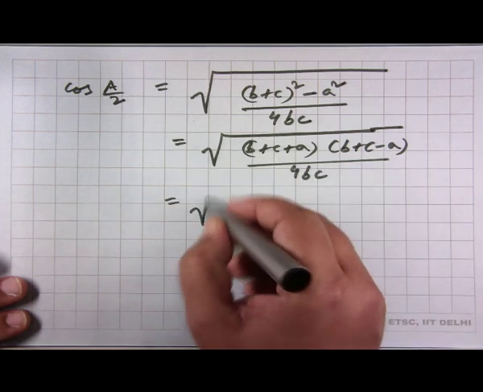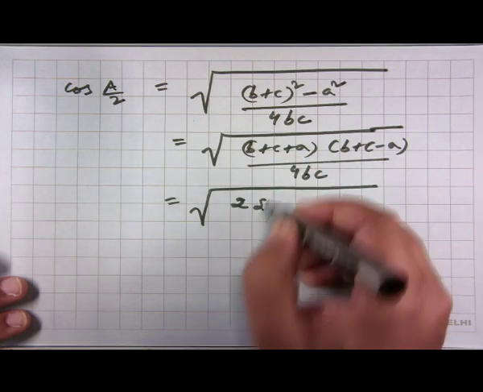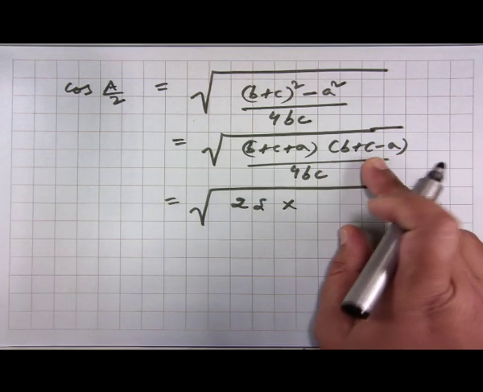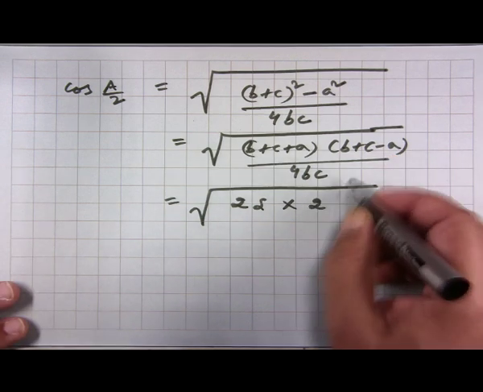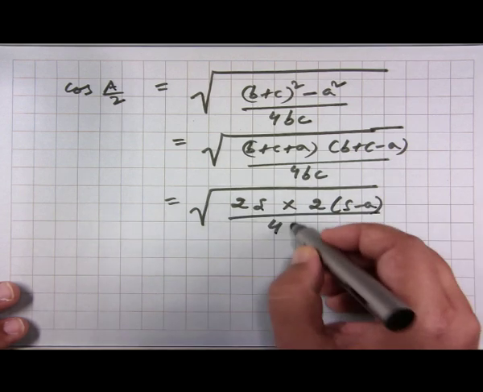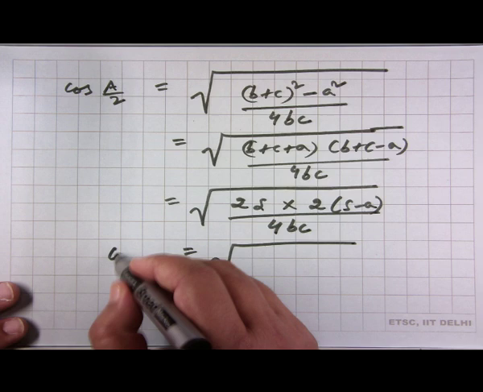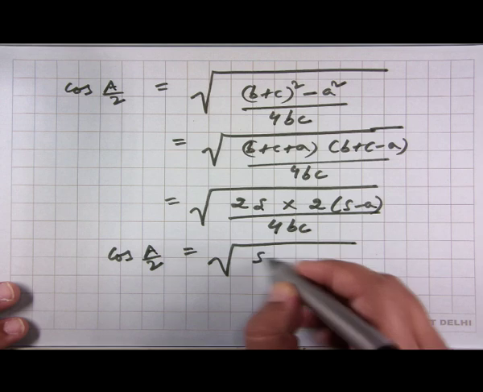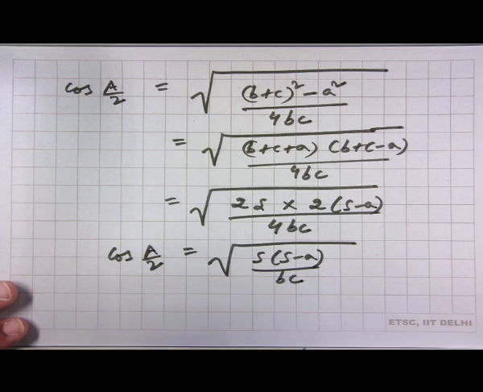This is 2 times the semi perimeter S multiplied by (b plus c plus a minus 2a), so this becomes 2 into (S minus a) over 4bc. So finally, the cosine of the half angle of A is the square root of S into (S minus a) over bc.